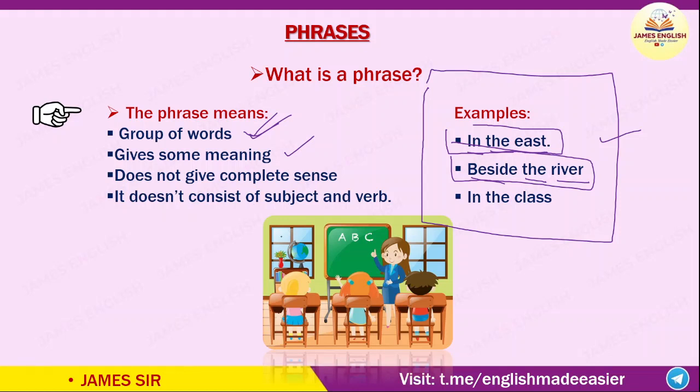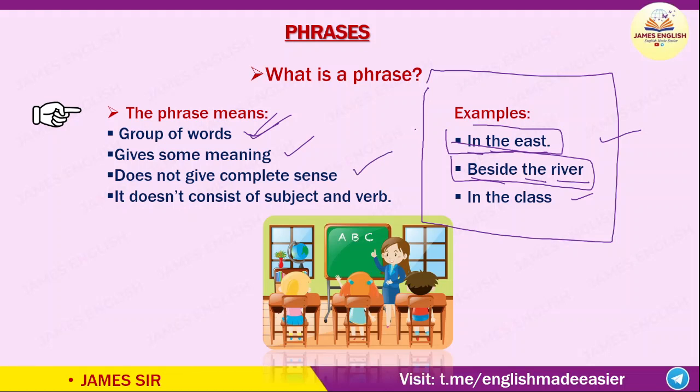But when I say in the East, beside the river, in the class, is there complete sense in it? No, absolutely not. It doesn't give complete sense. Hence, we can also say that a phrase does not give a complete sense.